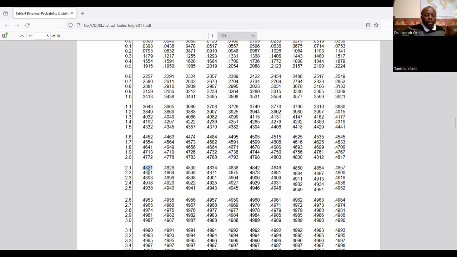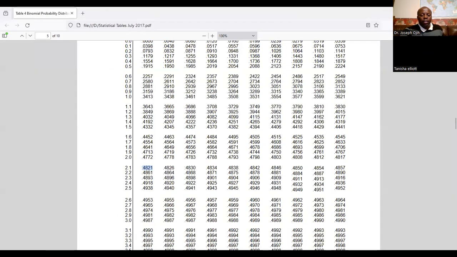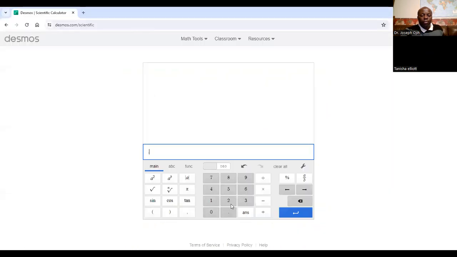We see 0.4821. Subtract this from 0.5 on the calculator. 0.5 minus 0.4821 gives 0.0179.